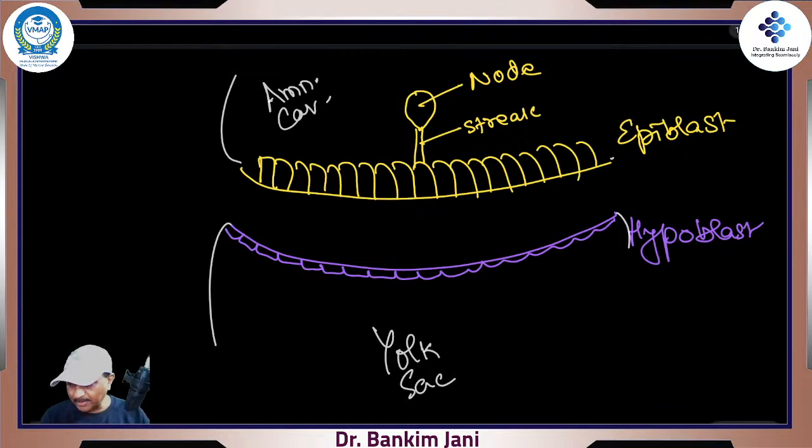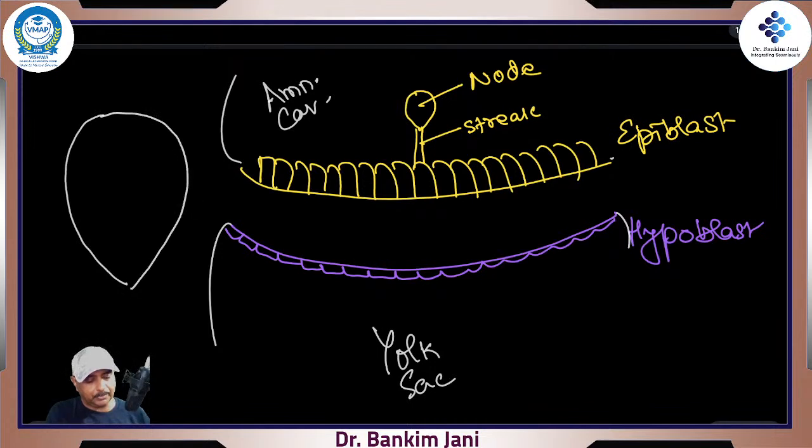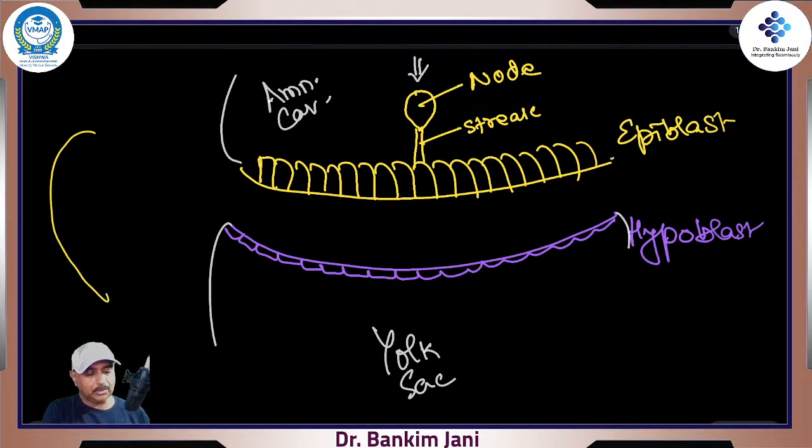For understanding, let's draw it over here on this side only. This is our visualization from the top. Watch it from the top. If we watch it from the top, we are watching only the epiblast, so I should have drawn it in yellow color. In the epiblast, we talked about how it has to be on the caudal half.